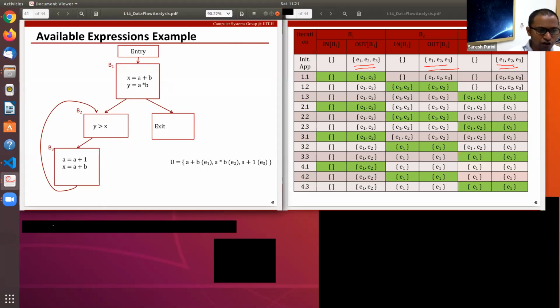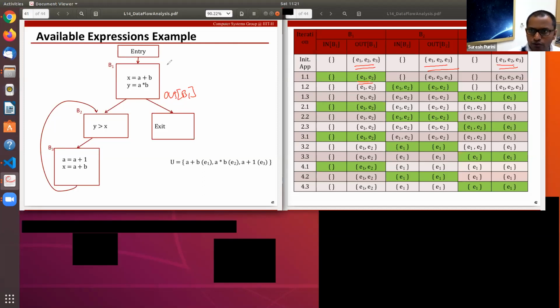Remember, out of B1 is a function of in of B1 and the gen B and kill B sets. If you see, the expressions that are locally generated in the basic block B1 are the expressions A plus B and A star B. So because of that, they are included here. E1 and E2 are locally generated in the basic block B1.